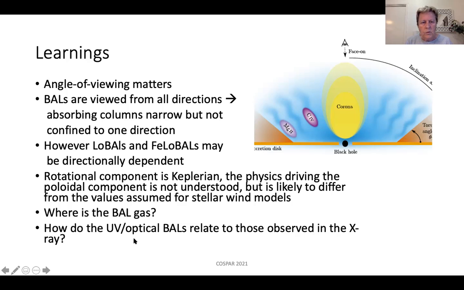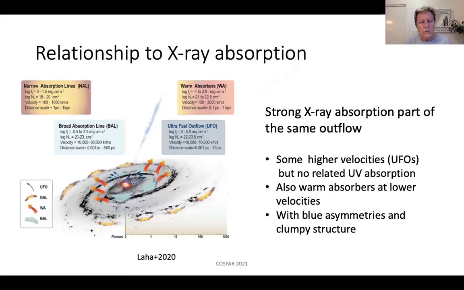So the next question was, well, we also see absorption lines in the X-ray, and I don't really have time to go through that in detail, but the X-ray absorption is in some cases much more extreme than the UV absorption.